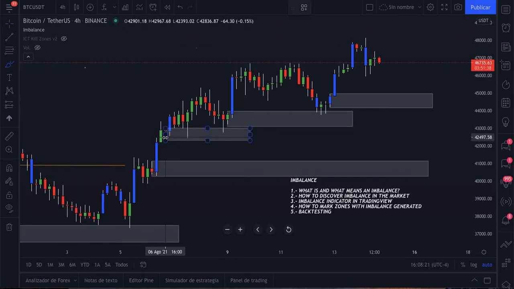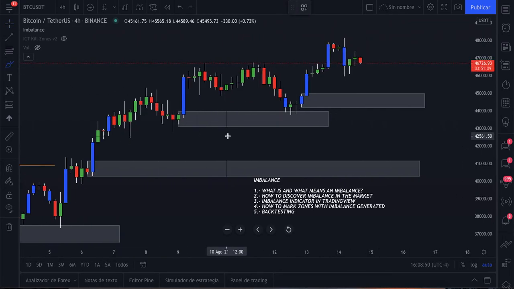Look, it was okay, one imbalance, but it's really small, and price came back really deep. So this zone could work, yes, but it's really risky. And you can say, yeah, Fernando, but the zone was respected and price went up. Yes, of course, price can do whatever it wants.